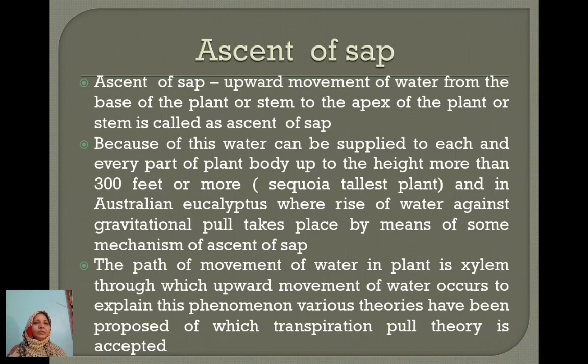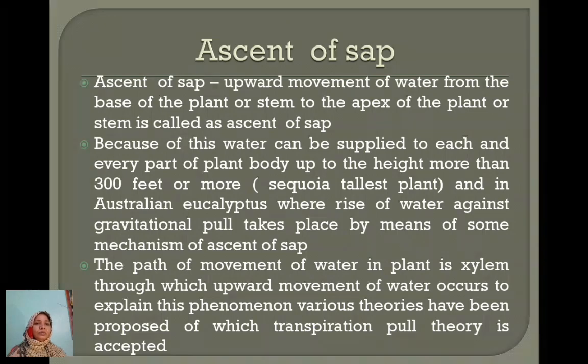Ascent of sap can be defined as the upward movement of water from the base of the plant or stem to the apex of the plant or stem. Because of this, the water can be supplied to each and every part of the plant body.